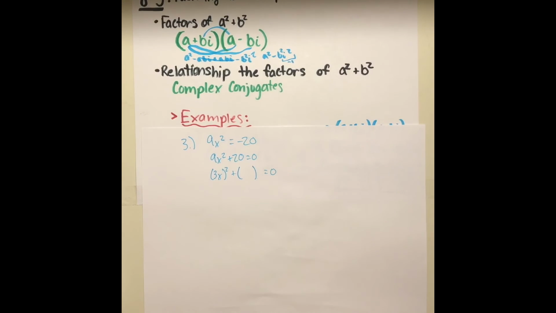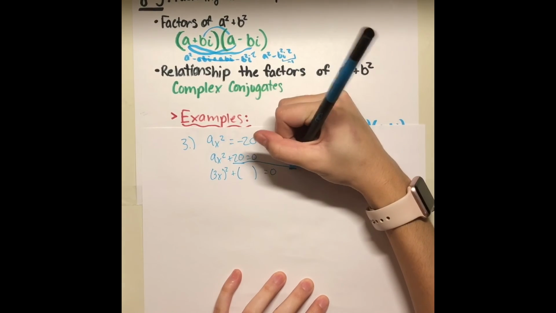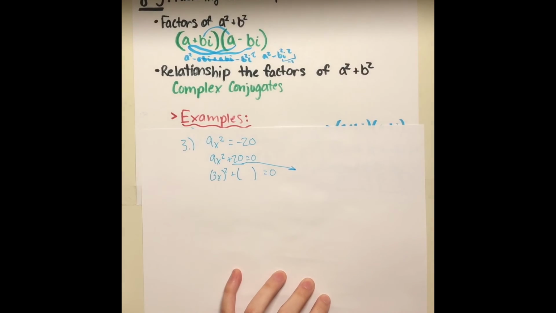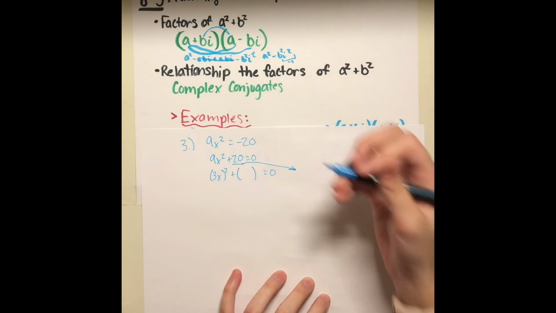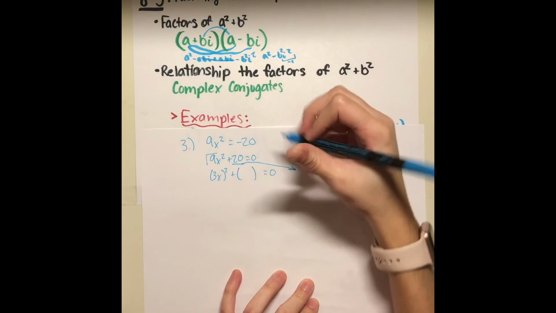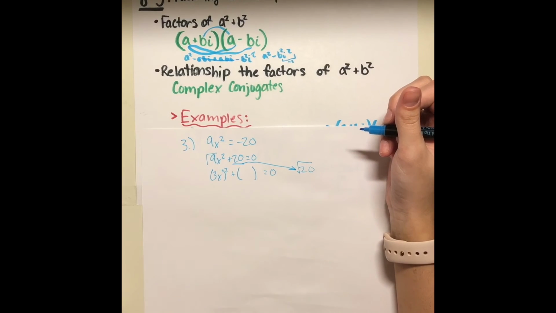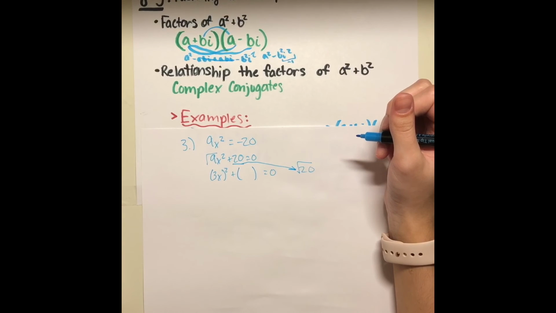With the 20, we're just square rooting it. If we square root 20, it gives us square root of 20.